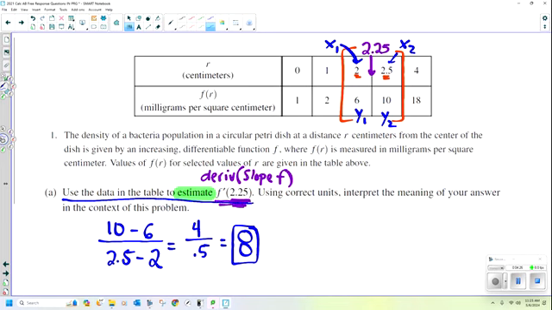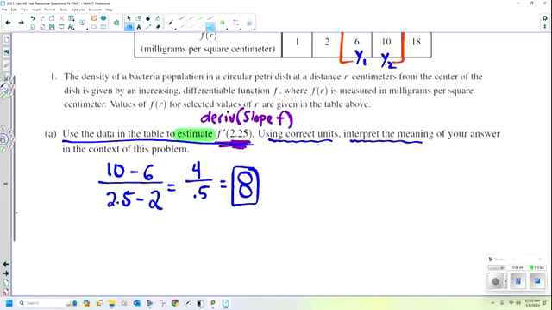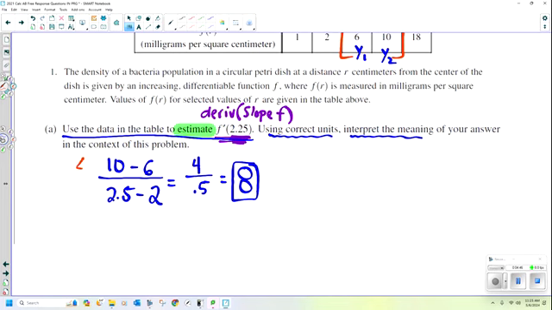We still got to interpret the meaning using correct units. Okay, using correct units. So first of all, let me address the correct units. All right, we had stated earlier that this is a change in y over a change in x. Well, what's the label for my y?